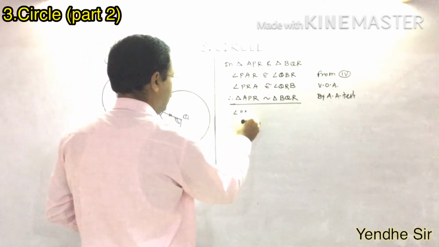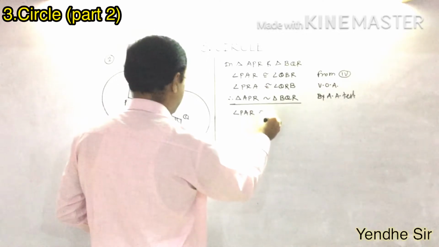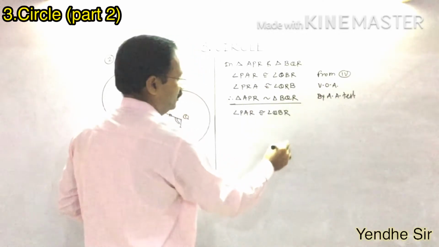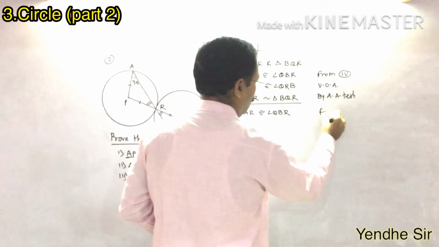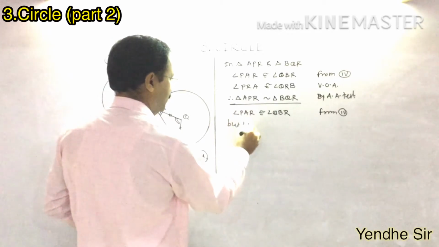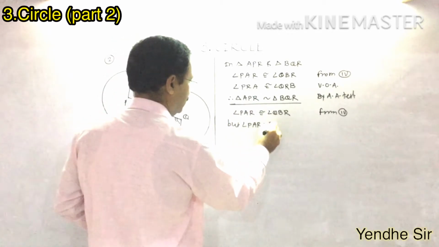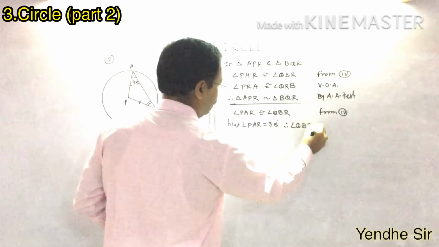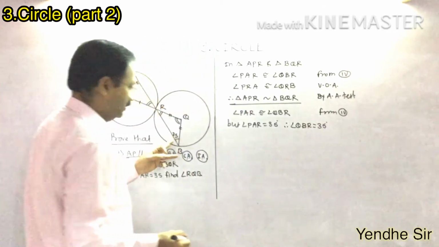Angle PAR is congruent to angle QBR from 4. Already we have proved this one. But angle PAR equals 35. Therefore, angle QBR equals 35. That I got, 35.